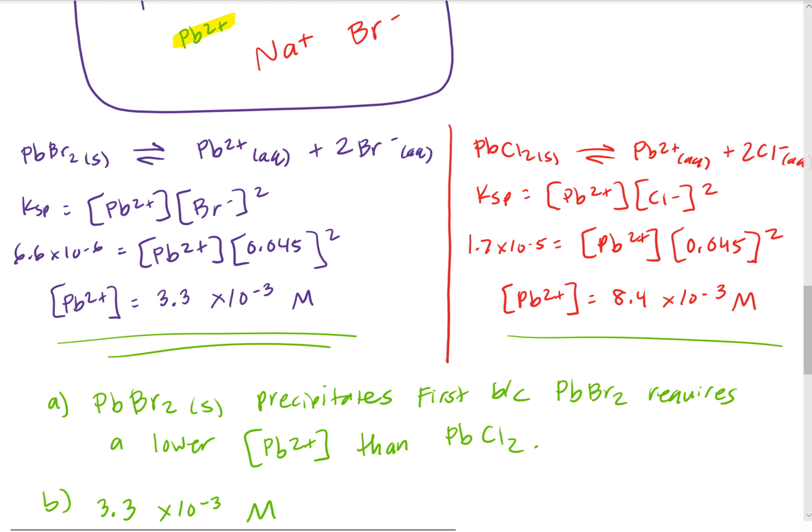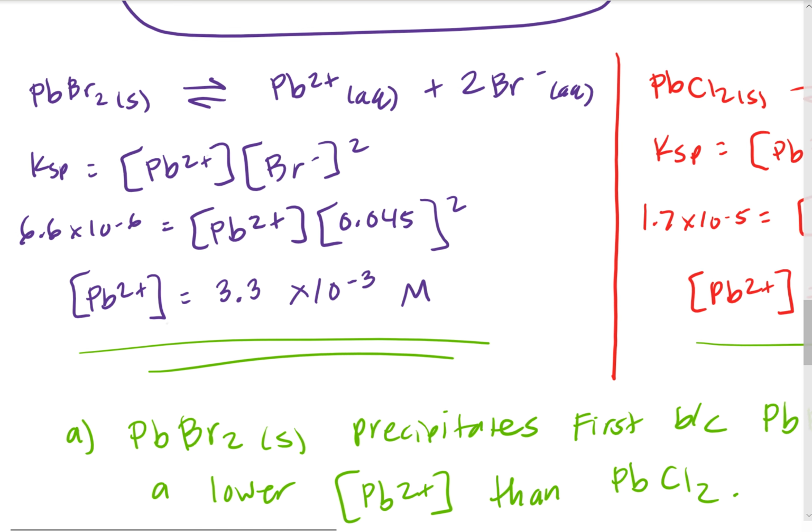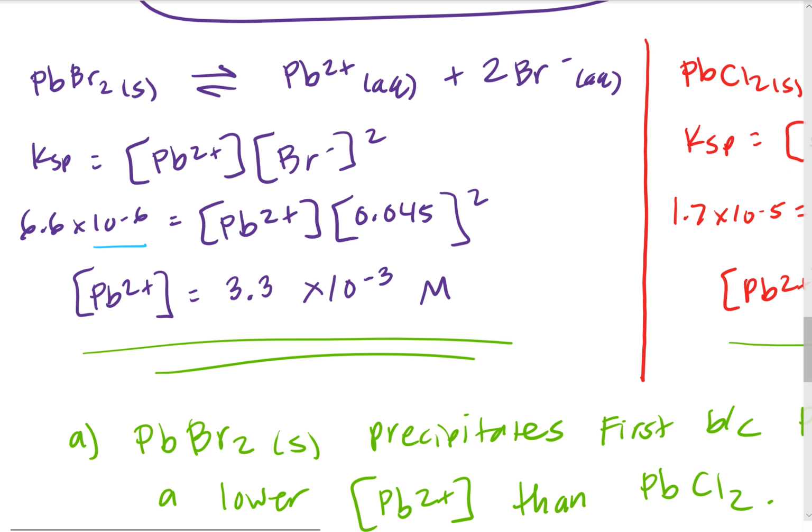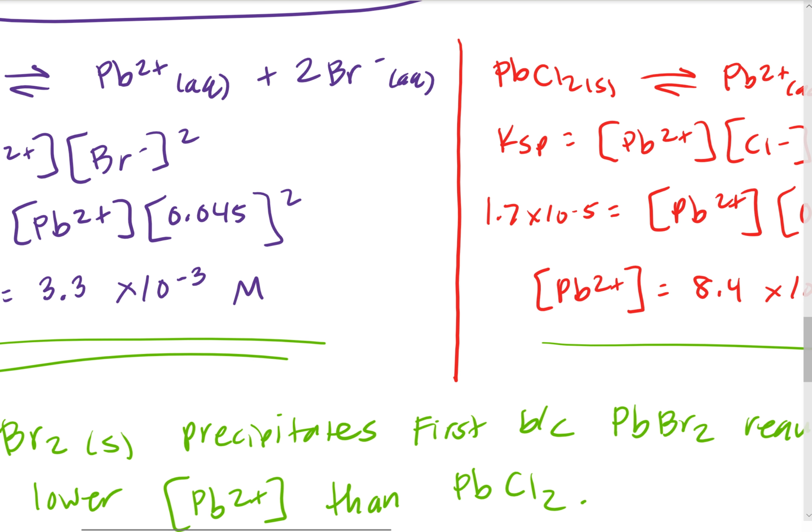So since this was identical molarities of the negative ions and they're both being squared, the only thing different are their KSP values. The lead bromide has a KSP value of 10 to the negative 6. And the lead chloride had a KSP value of 10 to the negative 5. Because all other conditions are identical, I could have just looked at the KSP values and predicted which salt was going to precipitate first.